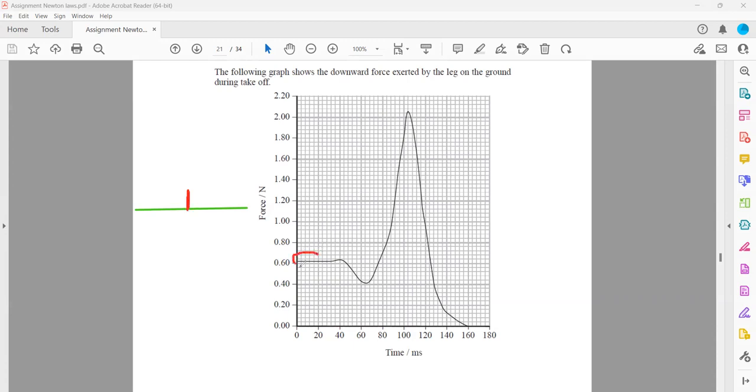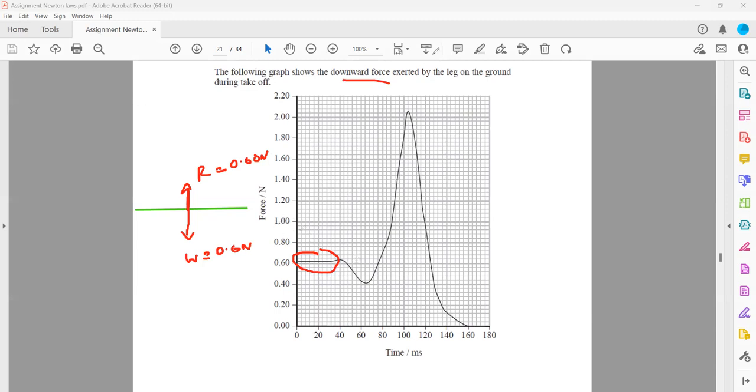In this part, the bird did not push the ground. So at this point, the weight of the bird is equal to the normal contact force R, because the graph shows a downward force. So the normal contact force and the weight are equal to each other. We can say this is 0.61 or 0.60 Newton, a downward force equal to the normal contact force of 0.60 Newton upward.